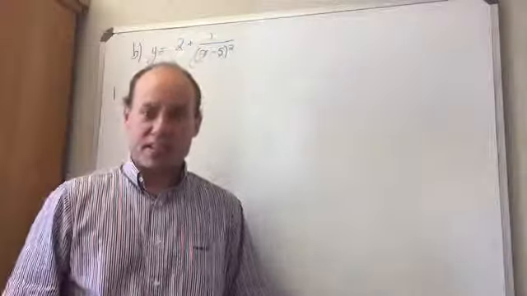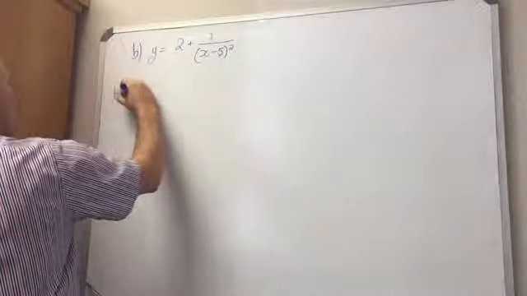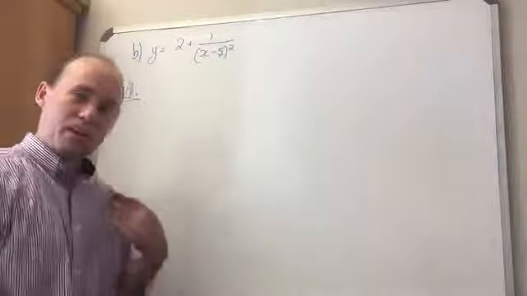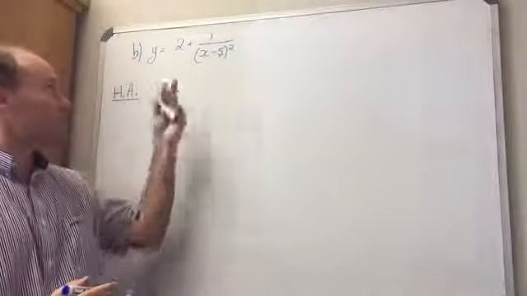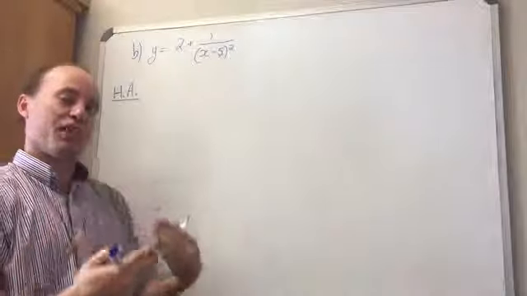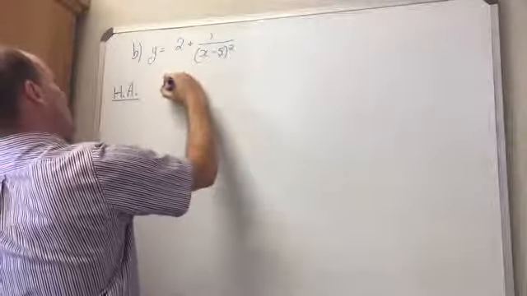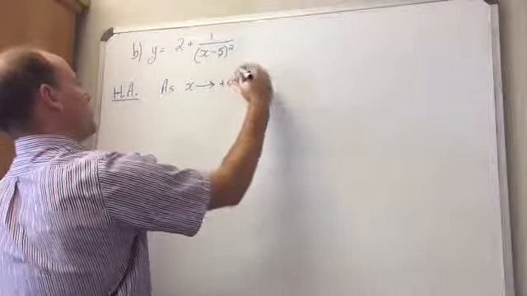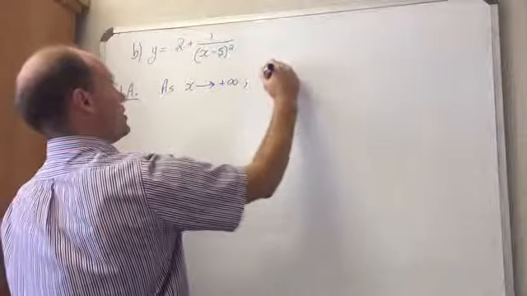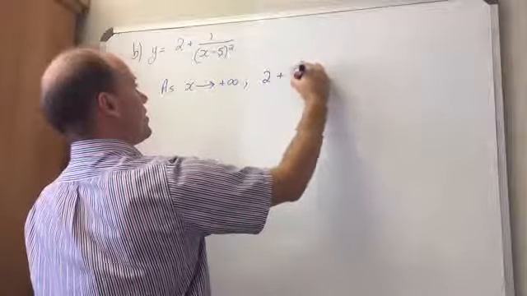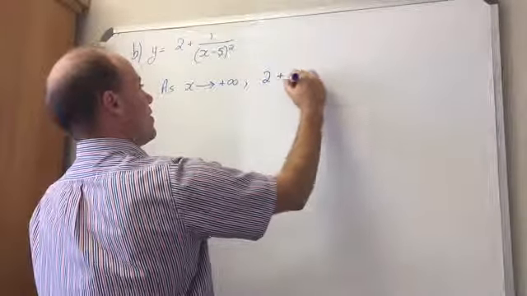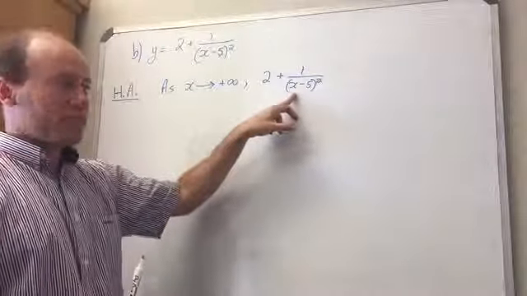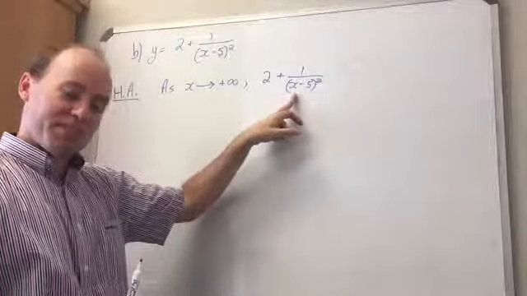Right, horizontal asymptotes. So now we ask the question, what happens to the formula for the function as x approaches plus or minus infinity? So as x approaches plus infinity, what happens to the function? Let's see. x is approaching infinity, so x minus 5 is also approaching infinity.